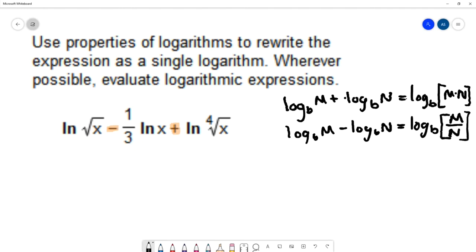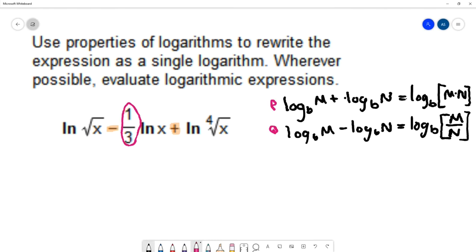Okay. Now, before we can use those two rules, we have to use the power rule for logarithms. So you'll notice that we have a coefficient in front of this log. So we're not able to use our product rule or our quotient rule until we've gotten rid of all of the coefficients.